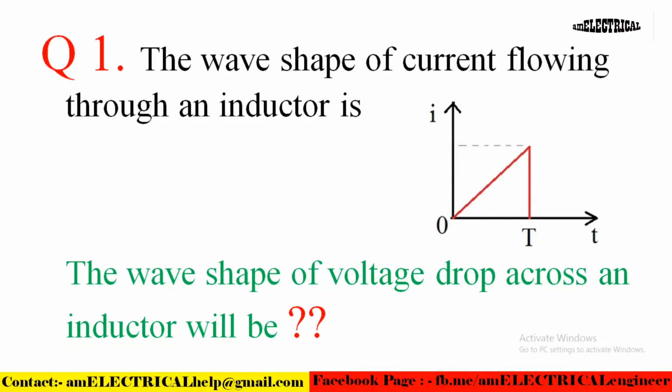The wave shape of current flowing through an inductor is this is the wave shape of current. The wave shape of voltage drop V across the inductor is? That means we have to find out the voltage drop across the inductor wave shape where the current wave shape is given.